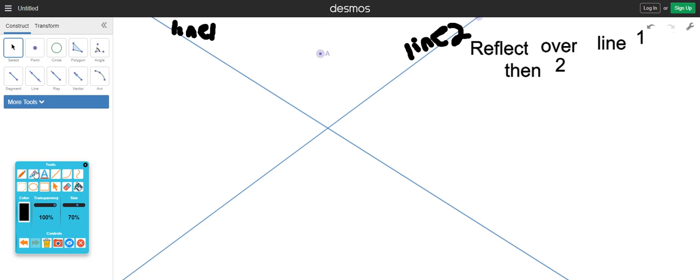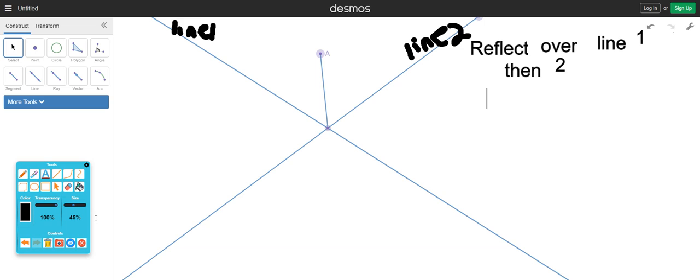So the first thing we're going to do is we are going to set up a radial. And a radial goes from the point of intersection of the two lines to that point A. And we are reflecting over line 1 first. So as I go, I'm just going to try to, a little bit over here, write this out.